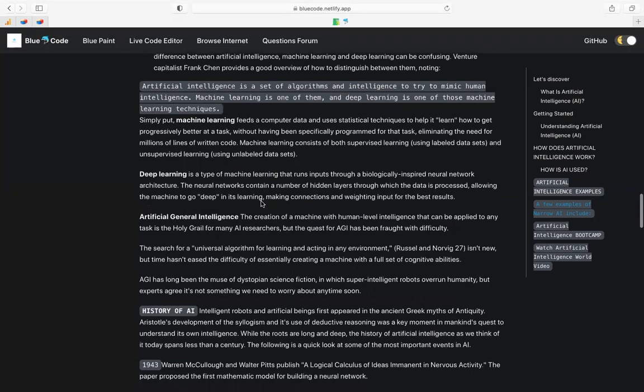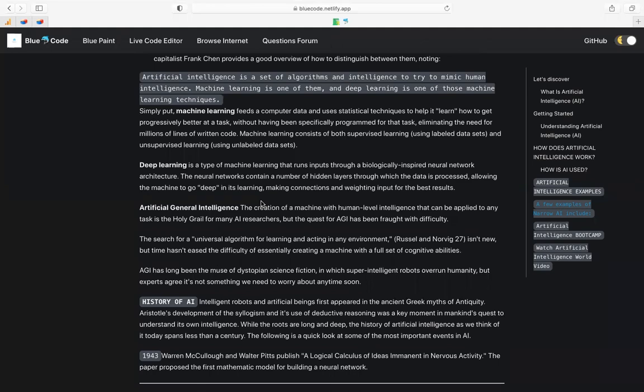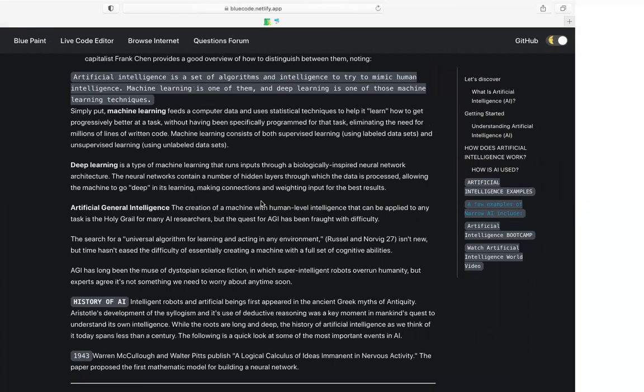Apart from machine learning, we have deep learning. Deep learning is the same thing, but with this one, you go deeper, involving neural networks, hidden layers, drawing patterns. Now, let's move straight to machine learning.